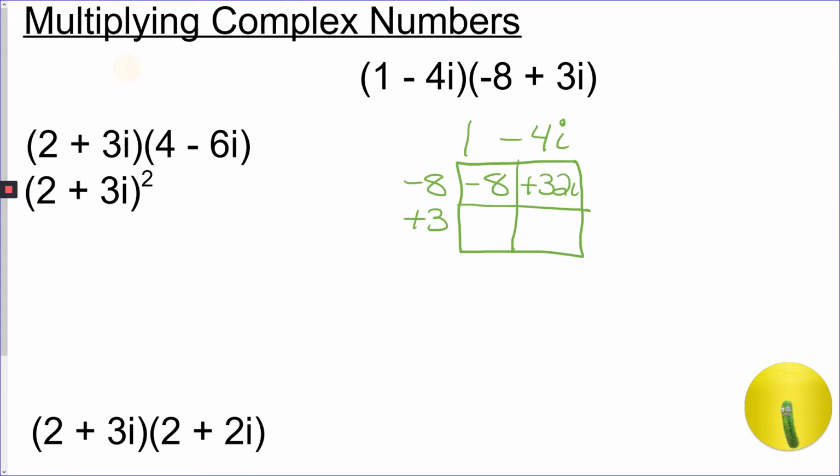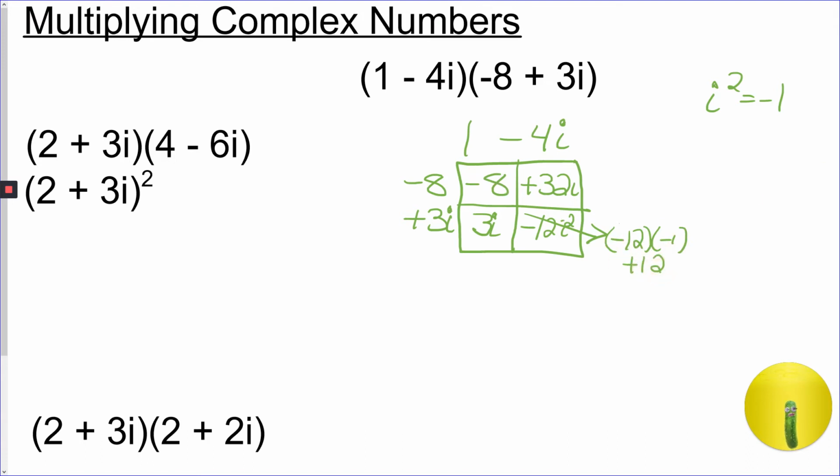The next part of it, we're going to do the 1 times the 3i, I'm sorry, this is supposed to be an i over here. 3i, and this again is negative 12i squared, and we're not forgetting that i squared is negative 1. You can see how important that is now. So this becomes negative 12 times negative 1, which will give us positive 12.